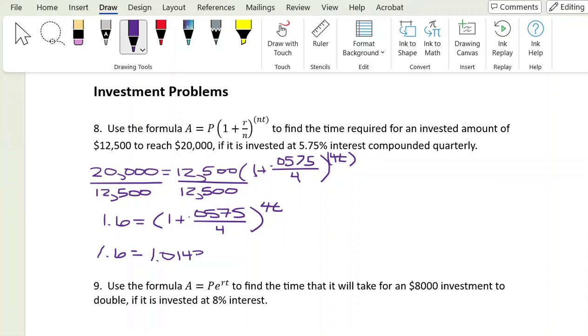It's important not to round this number if you can help it. If you do need to round it, leave several digits after the decimal point, because rounding it too soon can cause your answer to be off by quite a bit. So 1.014375 raised to the 4t power.